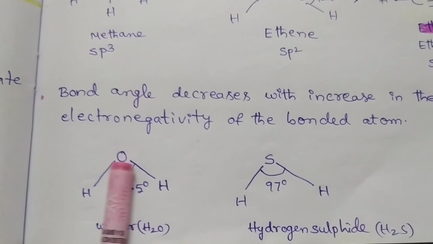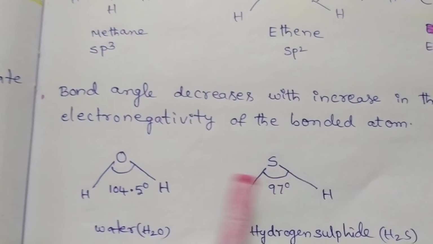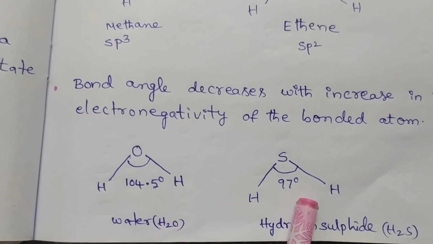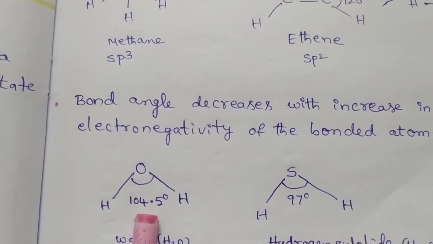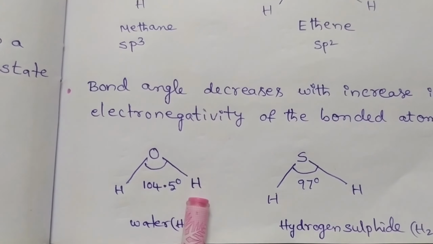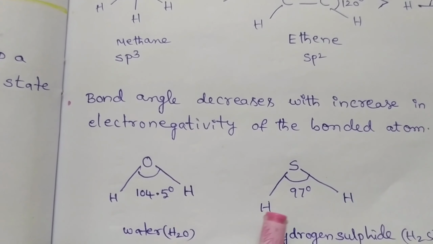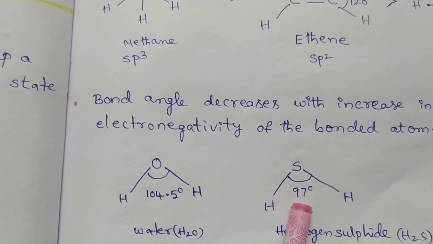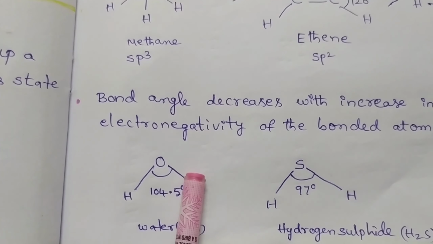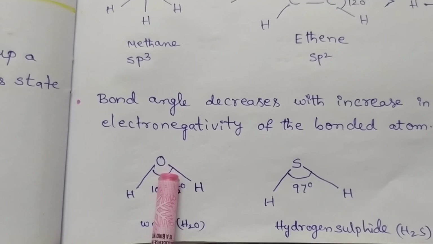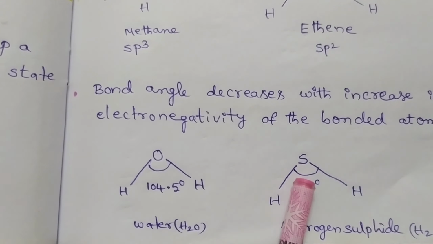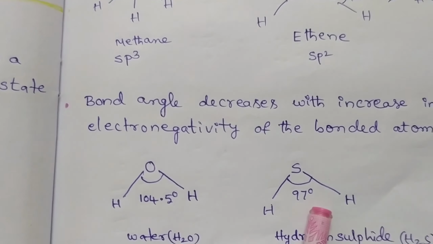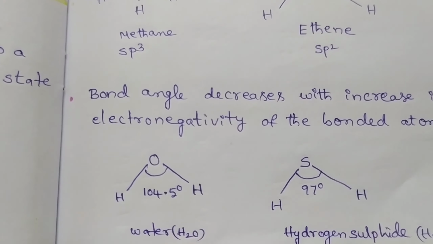But when we observe, the bond angles differ. In water molecule, the bond angle is 104.5 degrees, whereas in hydrogen sulfide, the bond angle is equal to 97 degrees. Because of electronegativity, oxygen has higher electronegativity when compared with sulfur, so the bond angle here is more when compared with hydrogen sulfide.